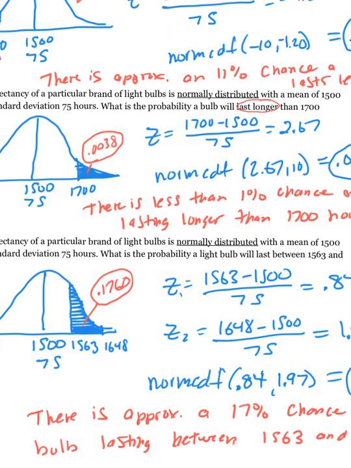Remember, we always subtract the mean. That always comes second in this equation. I get 2.67. And then since I'm going to the right this time, remember, I use 10 as my really big z-score. So normal CDF, 2.67, comma 10. That gets me 0.0038, which is less than 1%. So I'd say there's less than 1% chance of a bulb lasting longer than 1,700 hours. So these light bulbs aren't going to last that long.